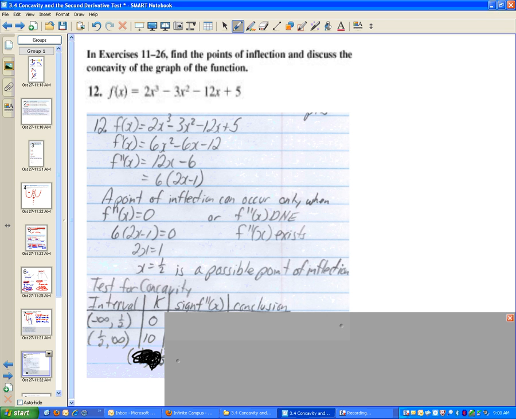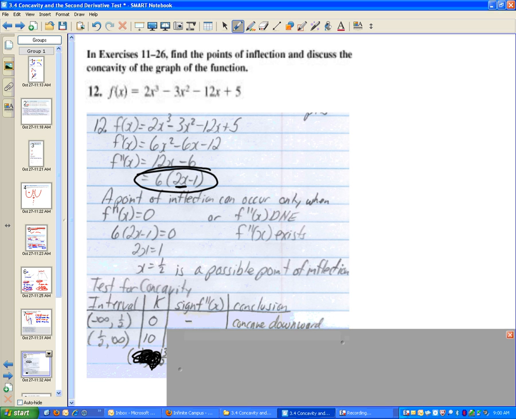Now, when x equals 0, what's the sign of f double prime? So you go to the second derivative, replace x with 0. 2 times 0 is 0. 0 minus 1 is negative. 6 times negative is negative. So the sign of the second derivative is negative.